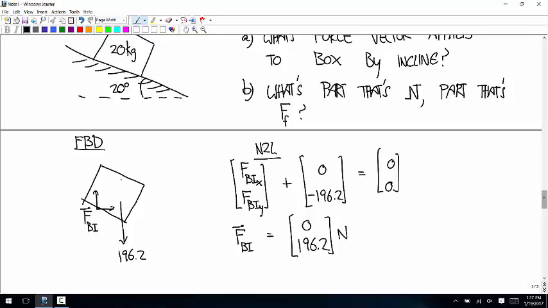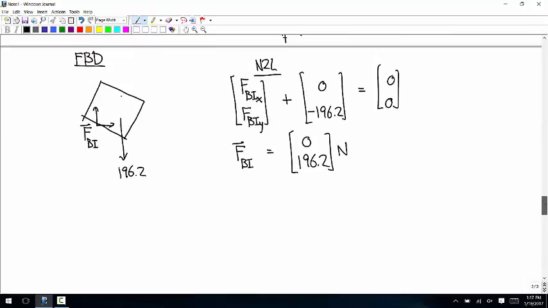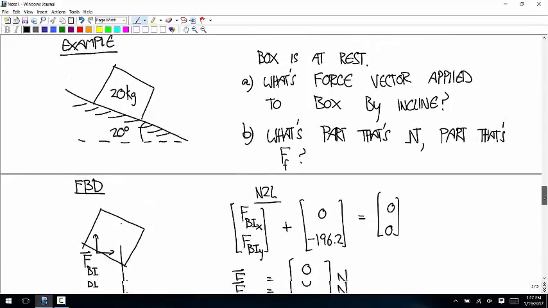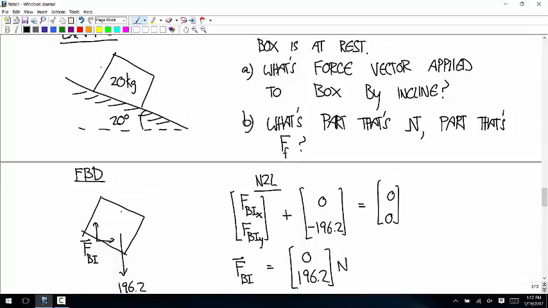So now part B. When you did this in physics 1, you would do problems like this by using a rotated coordinate system. And then your normal force was in the y direction and your friction force was in the x or the negative x direction. We didn't do that, right? We used a normal coordinate system here. But now we have to figure out how to break up that.